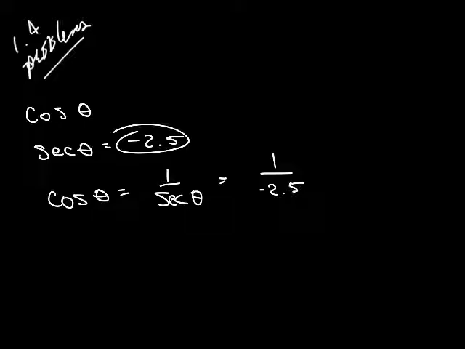Jump down to 15 through 20. Find the tangent of each angle. So if you look at number 16, they give us the cotangent of theta equals 2. They want to find the tangent.